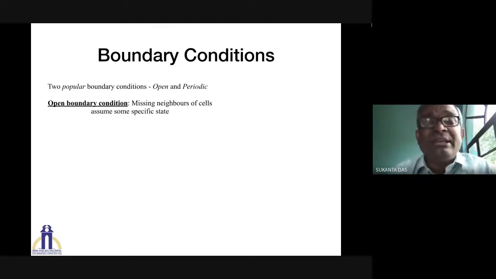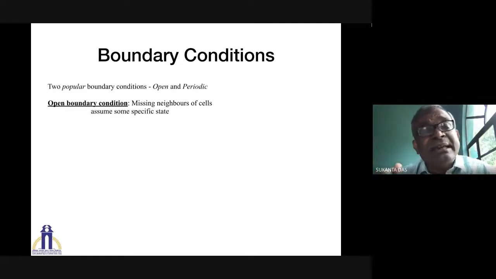You only have finitely many cells, and at the end you will not find any more cells. It is open. Now, if it is open, the main question in the case of boundary condition is, what are the neighbors of boundary cells?